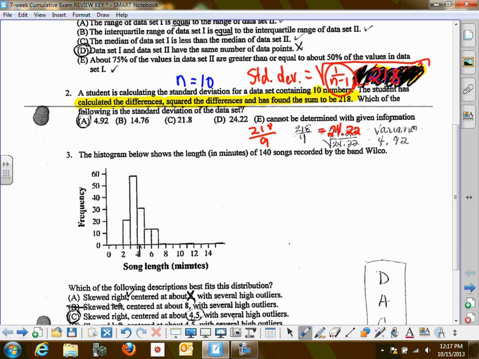Now that is the variance. That's the vocabulary word for it. It's what it is before you take the square root. So 24.22 is the variance, and then when you take the square root, that's how you get 4.92. Okay? So that's how you did that problem. You had to walk through the formula and understand the vocabulary of what was done there.